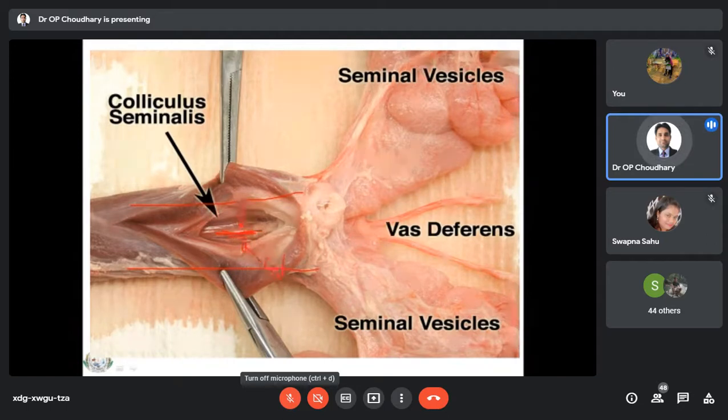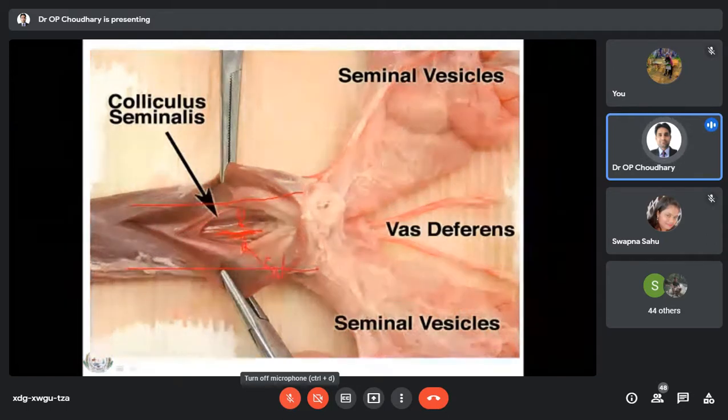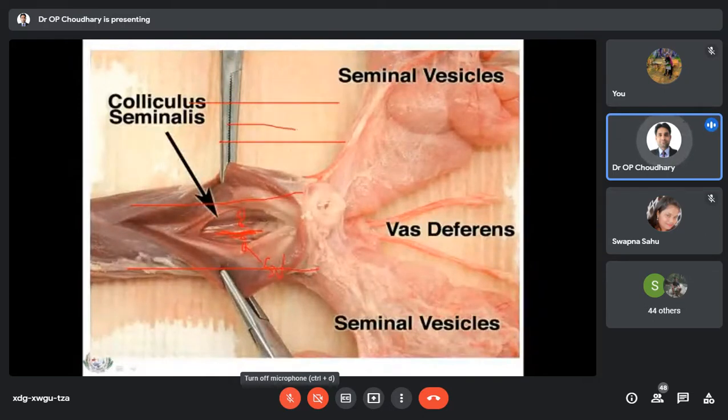But in the horse, there is a common opening on either side of the colliculus seminalis for the seminal vesicles as well as the vas deferens. These are the seminal vesicles on either side, and these two are the vas deferens coming from the tail of the epididymis.